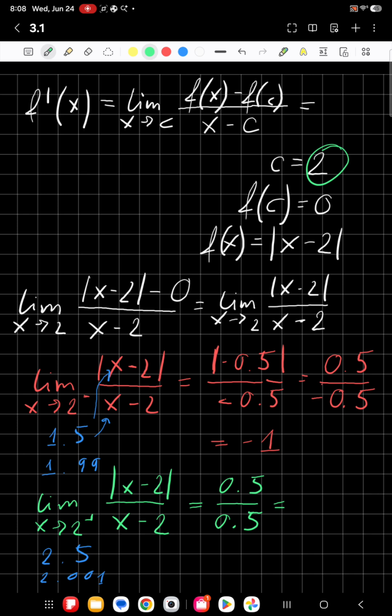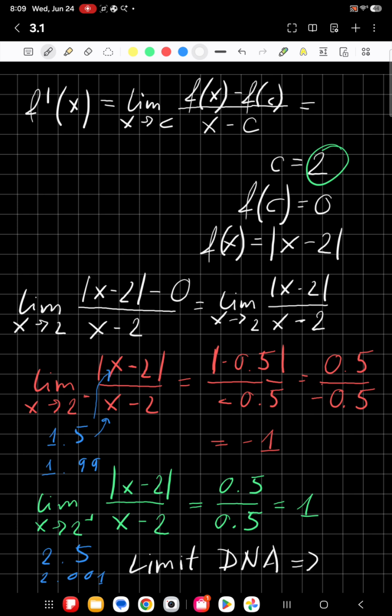So this is 1. So you see that if I take the limit of x approaching 2 from the left and from the right, the limits are different: -1, +1. So the limit doesn't exist.